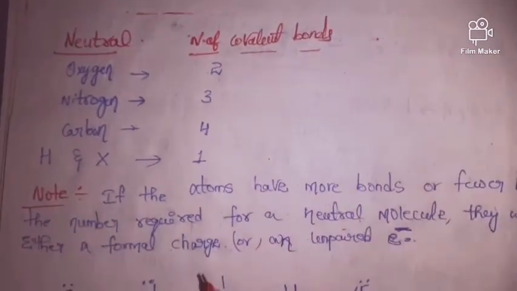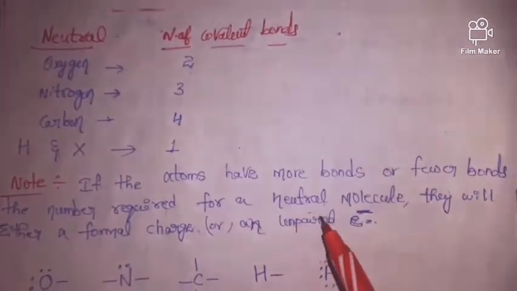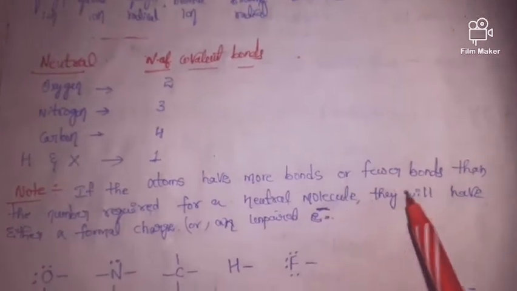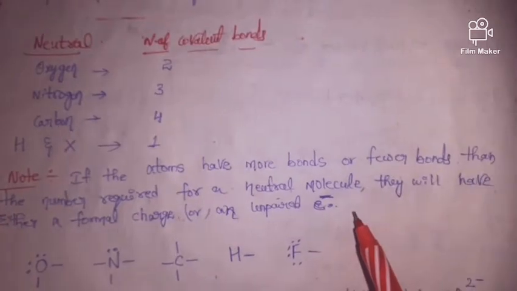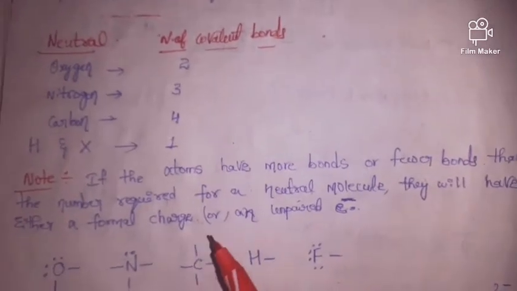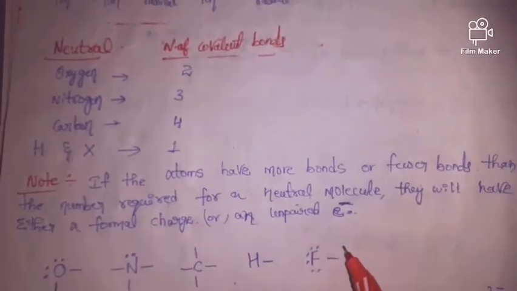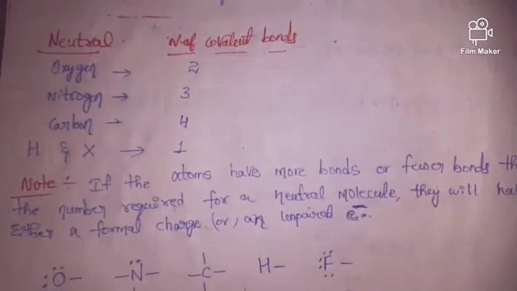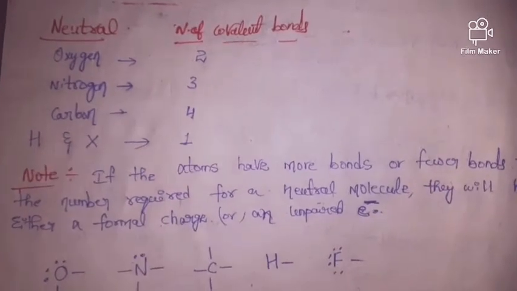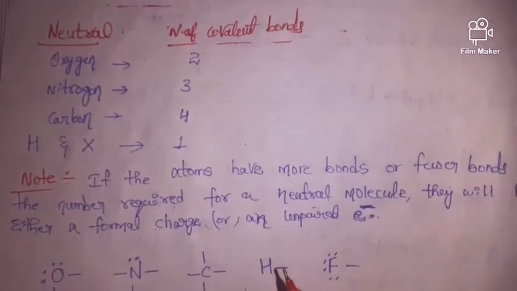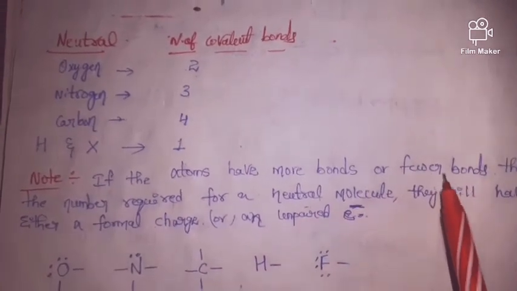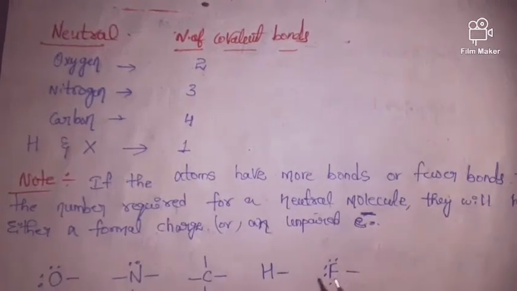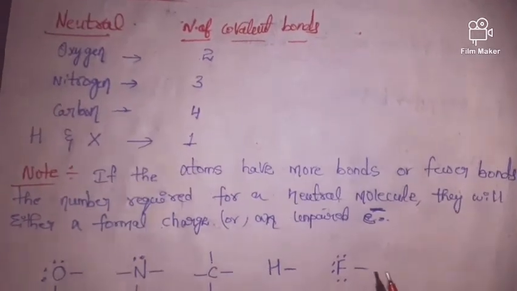Note: if the atoms have more bonds or fewer bonds than the number required for a neutral molecule, they will have either a formal charge or unpaired electrons. As I already said, the atoms present in a molecule should obey the octet rule. According to our rule they should obey the octet.